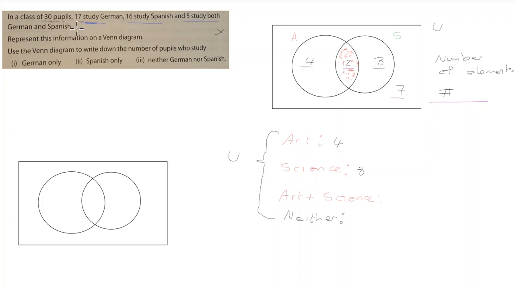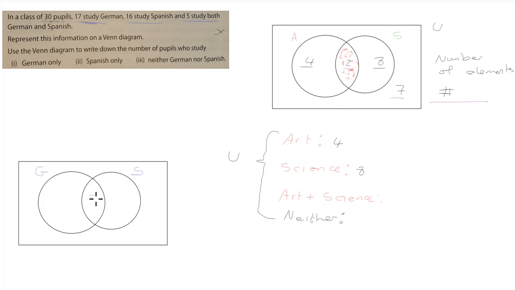So we want to represent this information. We have 2 subjects, German and Spanish. So I can let this set over here be G for German. I can use any letter that I want to represent it, but in this case I'm just going to use G. And then we'll use S to represent Spanish, and that's going to be represented by this circle here. So we have 5 students that study both German and Spanish. Think about where we put those 5 students.